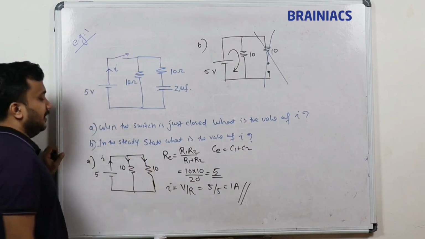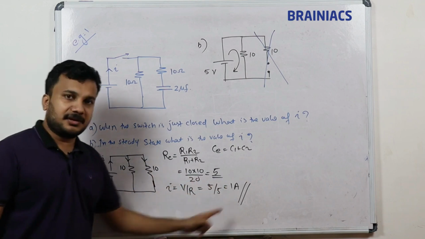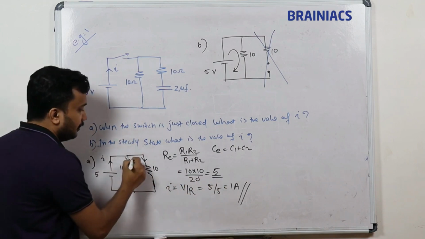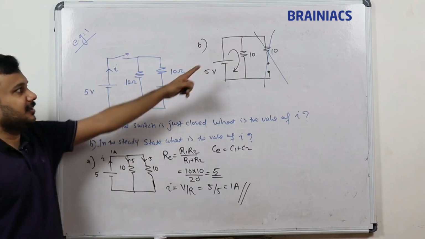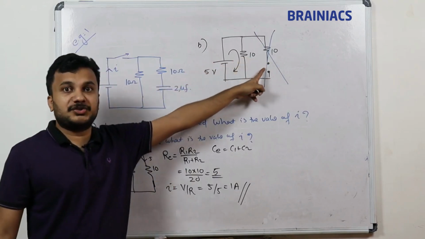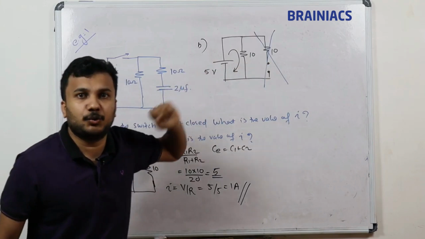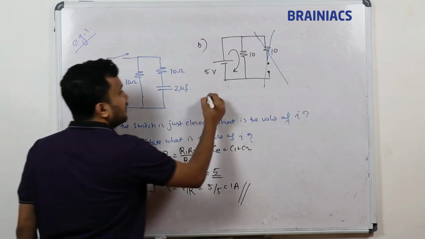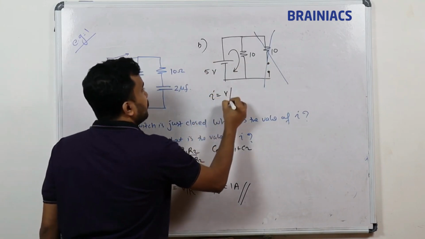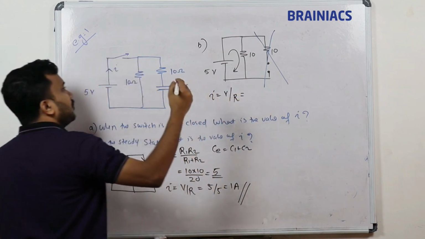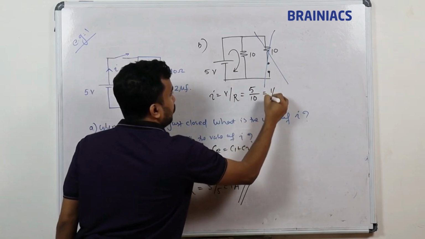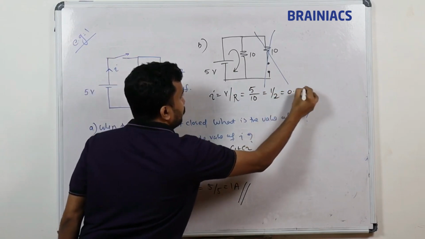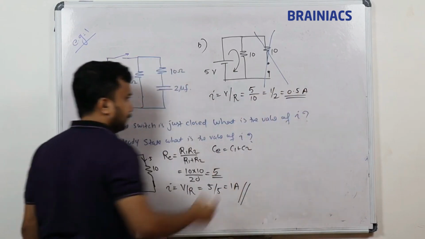We know 1 ampere current will be here, so 0.5 will go here and 0.5 will go here. But current will not go there because the wire is broken, open circuit. In that case, current is equal to voltage by resistance. Voltage value is how much? 5 volt. So 5 divided by 10, which is equal to 1 by 2, which is equal to 0.5 ampere.